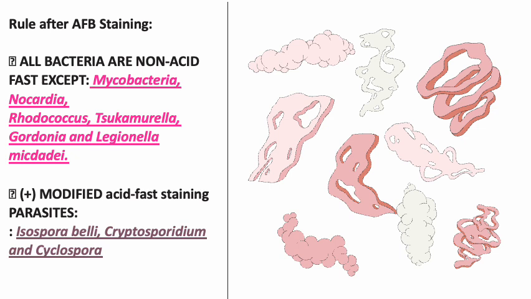Some non-mycobacterial microorganisms possess some degree of acid-fastness. Examples of partially acid-fast non-mycobacterial organisms are Nocardia, Rhodococcus, Cryptosporidium, which is a type of parasite, and Legionella micdadei. The parasites positive in modified acid-fast staining are Isospora belli, Cryptosporidium, and Cyclospora.